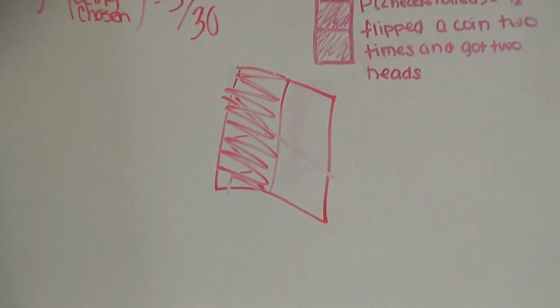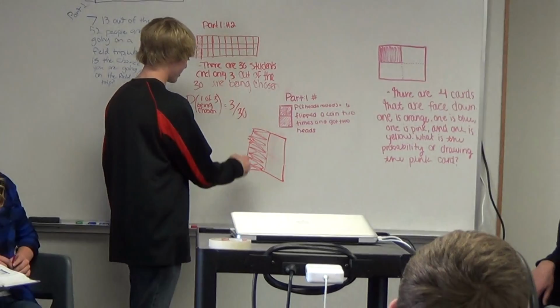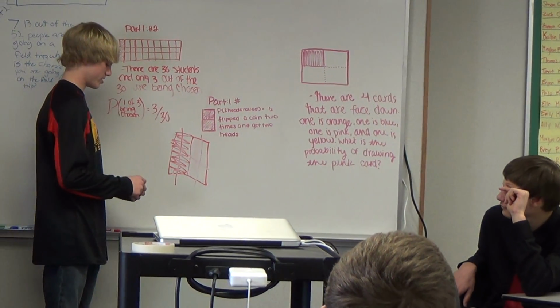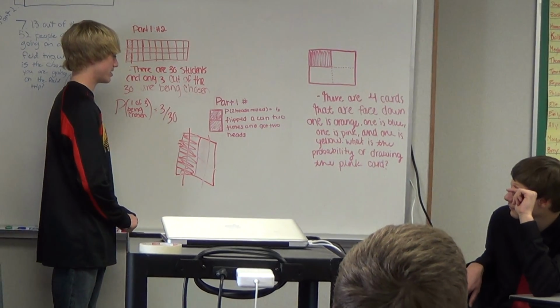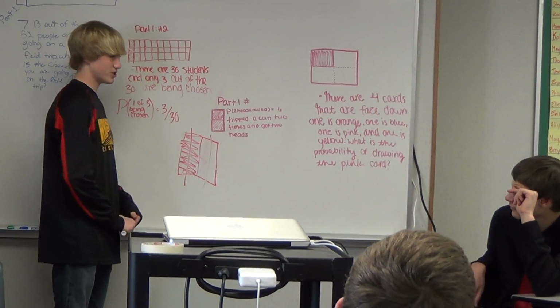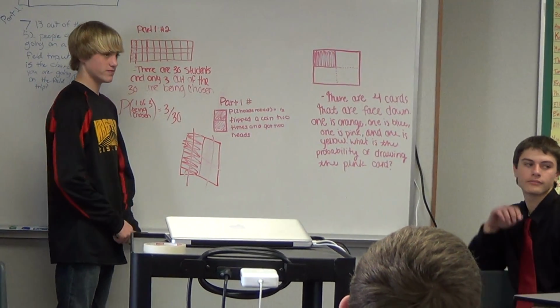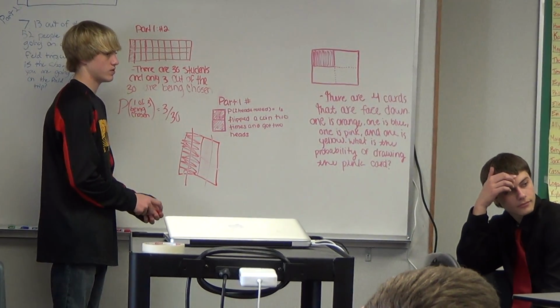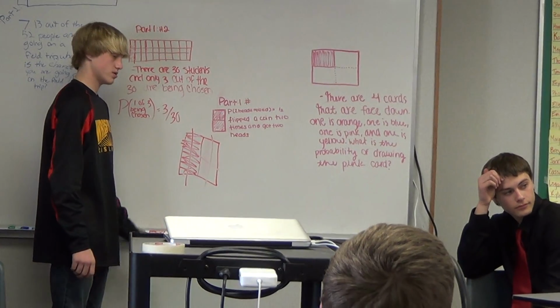You want to explain it, maybe? So you got 2 heads right here, and 2 tails there, but it asks what's the chance of it landing on heads twice? So I just shaded it in. So, the probability is that I have a chance.